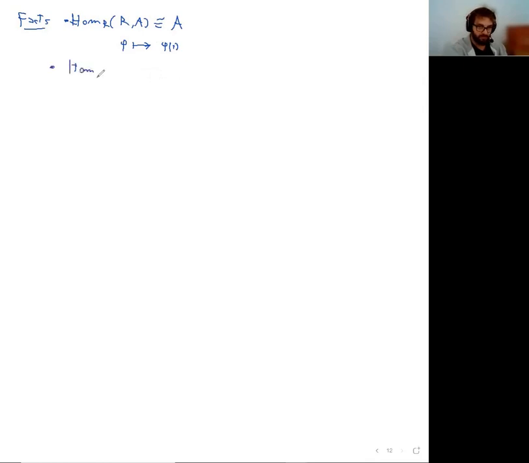Then you also have this kind of distributive property. So A plus B into C is the same as A into C plus B into C. And you also have it on the second factor.